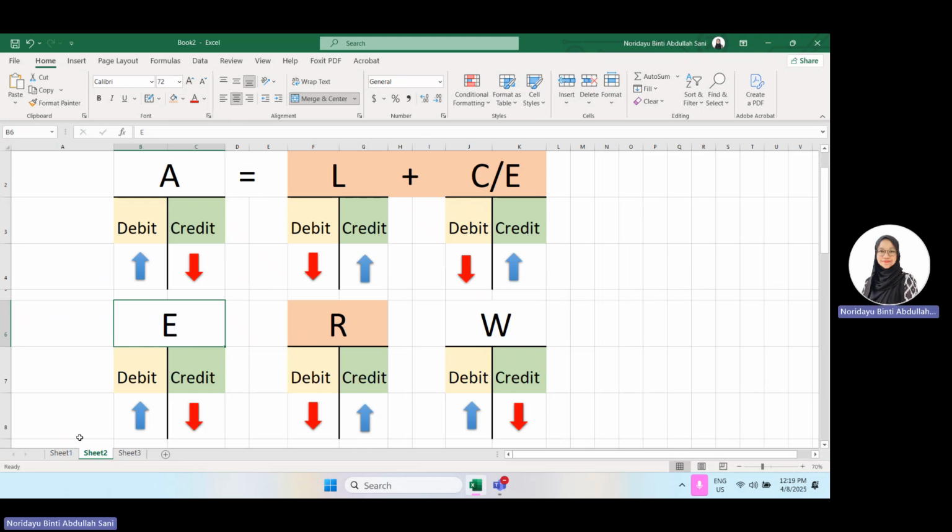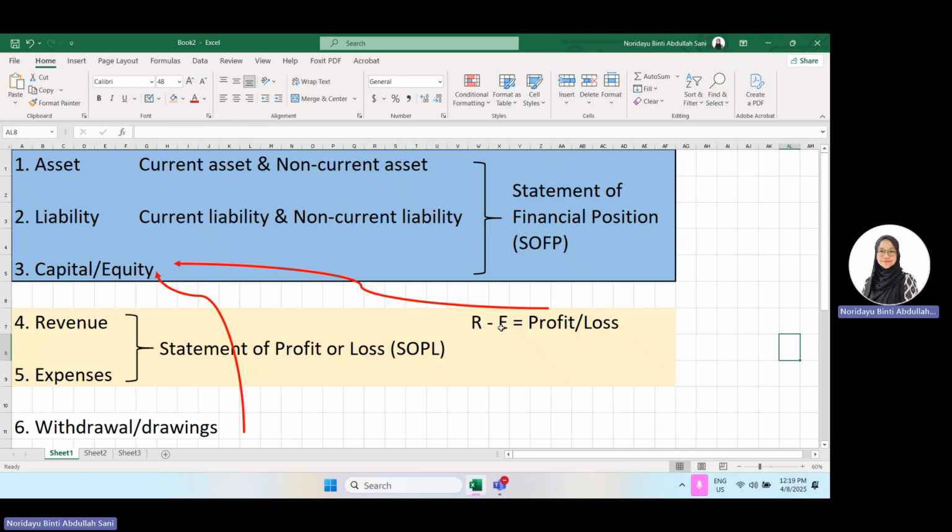Expenses is the other way around. As you can see here, expenses has a negative sign, meaning it will reduce your revenue. When you have more and more expenses, there is a higher tendency of making loss, right? So my expenses will increase the tendency of loss.